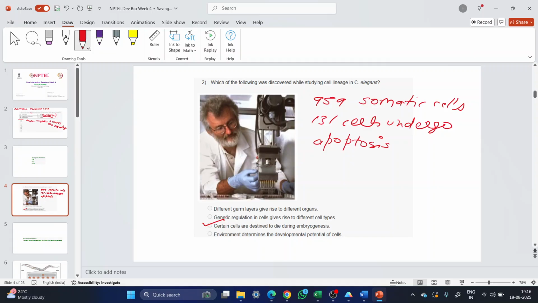Even when we study the hands of bats and the hands of humans, we have digits. We don't have tissue in between the fingers.